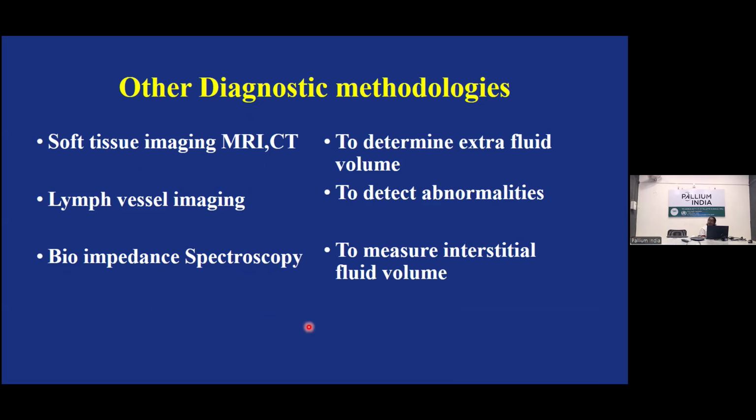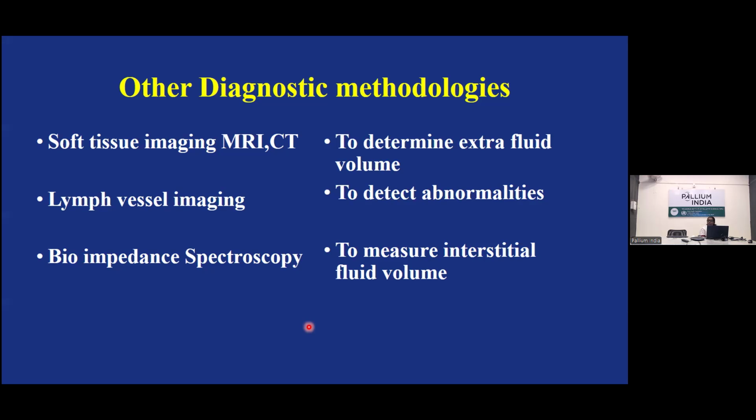For palliative care patients, we will not do these kinds of diagnostic procedures, because there is no need to spend much money on these investigations; through the history we can understand whether the patient has lymphedema or not.